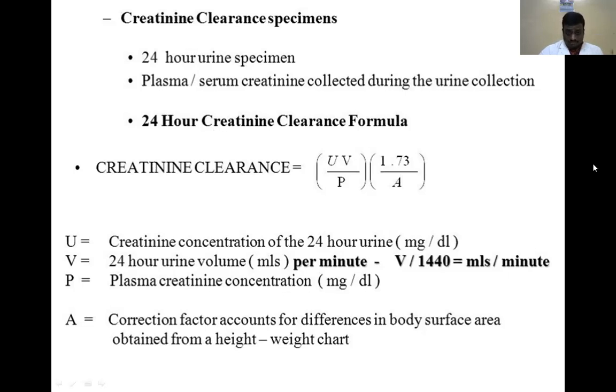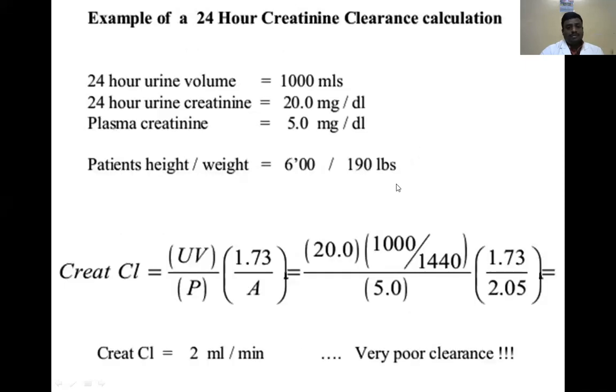For that, the formula is U into V by P into 1.73 by body surface area, according to the height and weight chart. This is one patient example: the 24-hour urine volume is 1000 ml. The urine creatinine is 20 milligrams per deciliter. Plasma creatinine is 5 milligrams per deciliter.